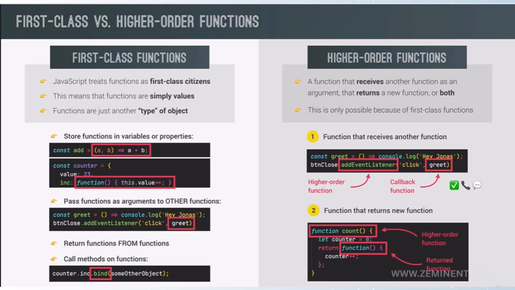There are no first class functions in practice, it's just a concept. There are, however, higher order functions in practice, which are possible because the language supports first class functions. So it's a subtle difference, but it's still worth noting if you want to be able to talk like a true JavaScript master.